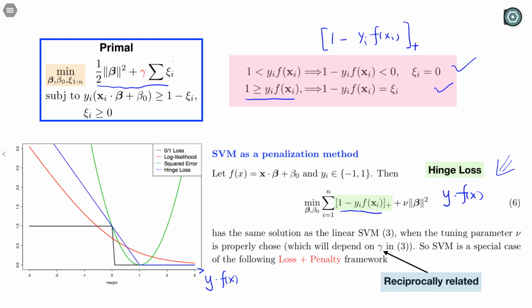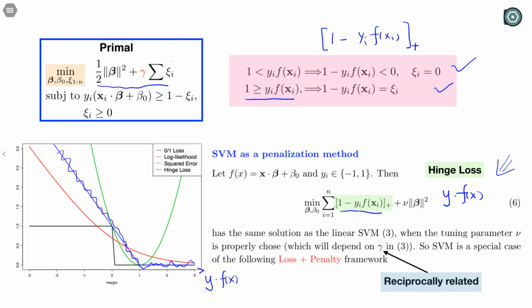If the product is very positive, that means not only does f(x) have the same sign as y, it also gives us very strong evidence, because f(x) is very large when y is 1, or very negative when y is minus 1. The so-called hinge loss is this blue curve.